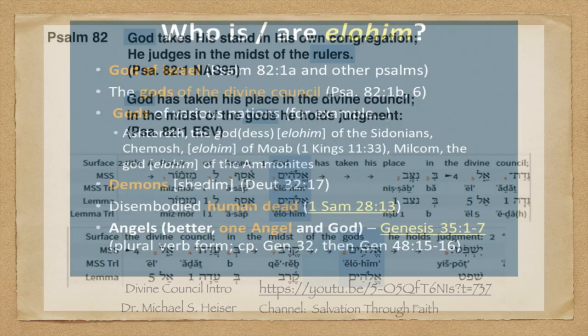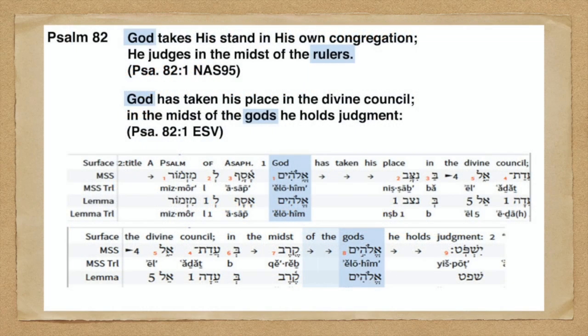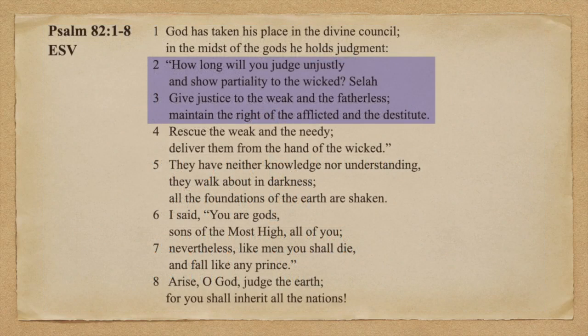Right. Okay. Psalm 82:1. God takes a stand in his own congregation. That word in the first verse for God is Elohim. And then it says he takes a stand in his own congregation. He judges in the midst of the rulers. That word rulers is Elohim. How long will you judge unjustly and show partiality to the wicked?